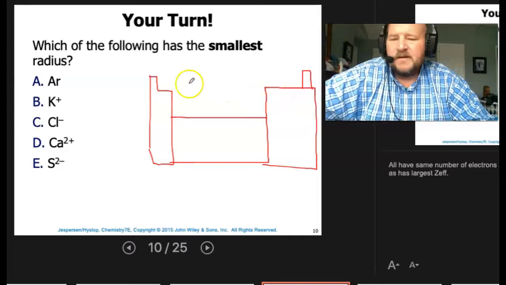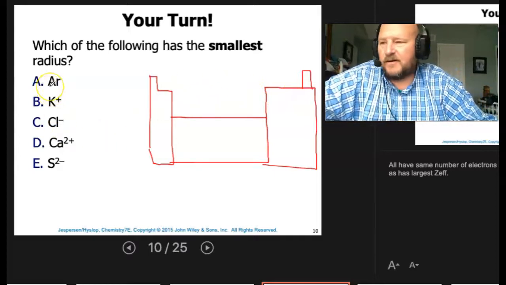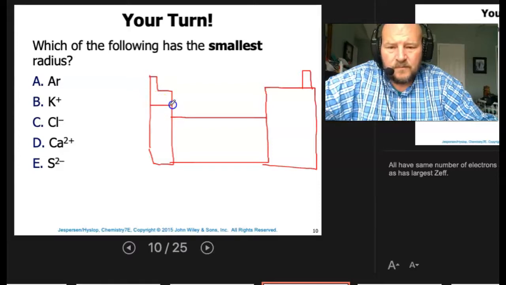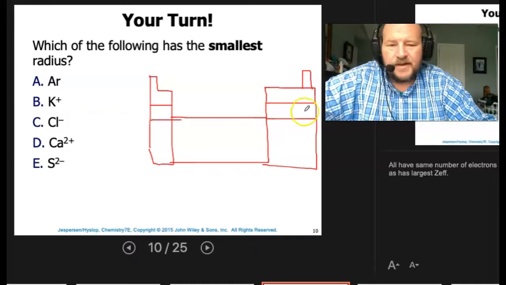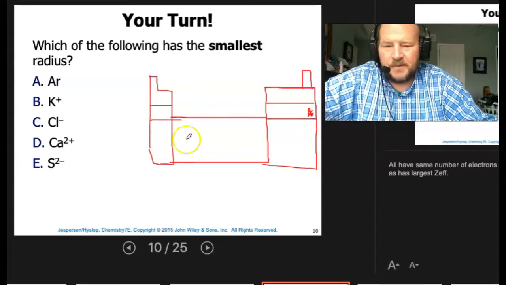All right, so here we're going to be looking at argon. Again, just a rough sketch. Here's argon right there, Ar. Then we have potassium plus. So here's potassium.